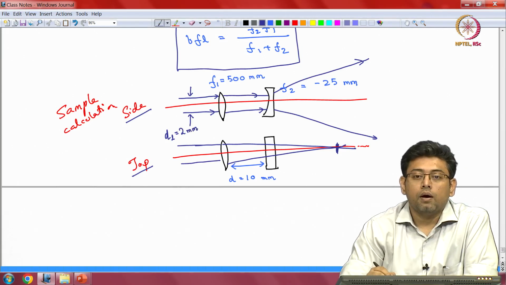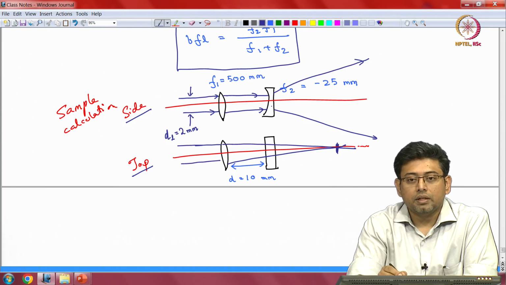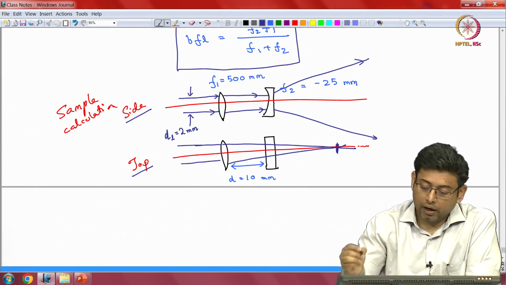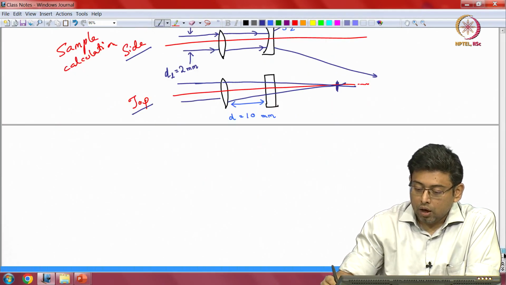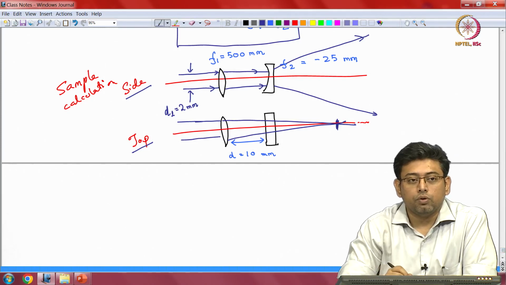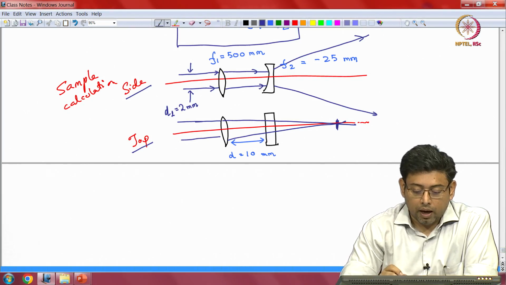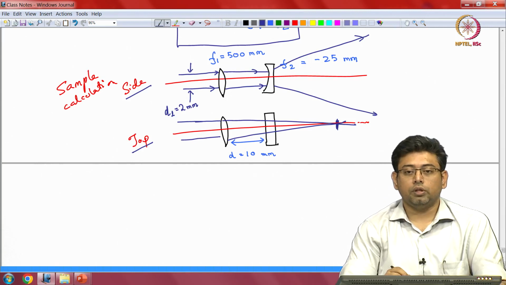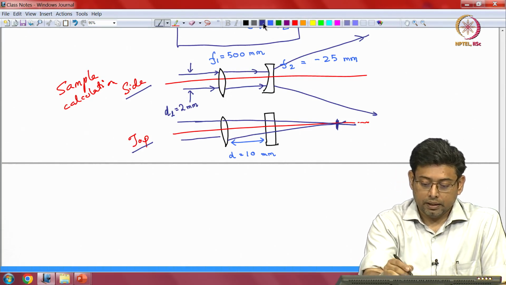This light enters from the left hand side, encounters the first lens, goes on and meets the second lens, and then the question was to figure out where the back focal plane is and some of the other characteristics of the experimental section which you would want to design in a situation like this. I hope you have taken a look at this problem and tried to solve it. I will go through the solution today, and I will explain these things in detail.